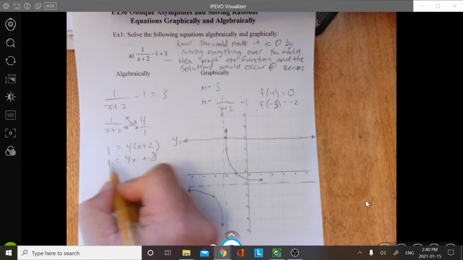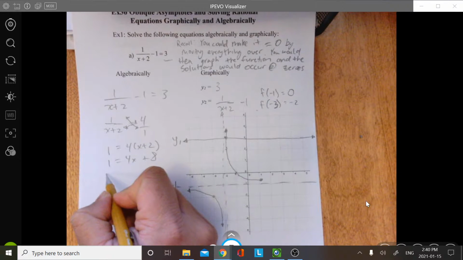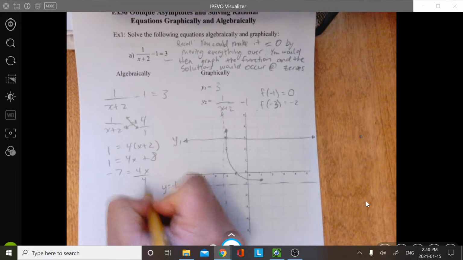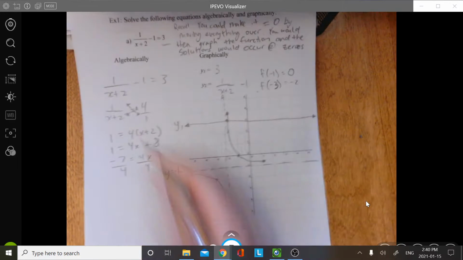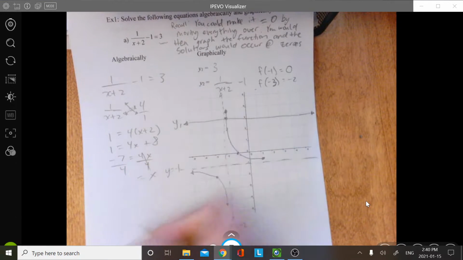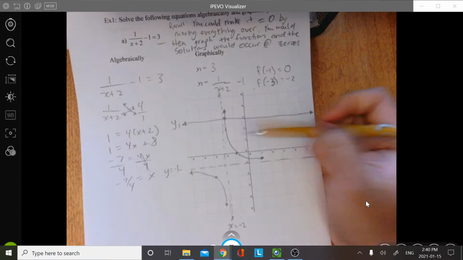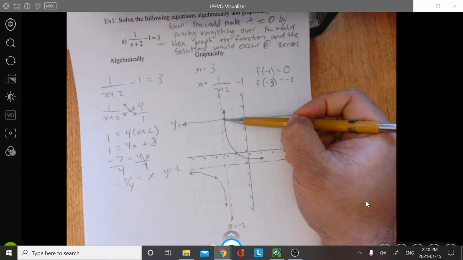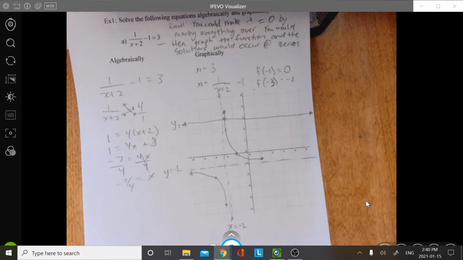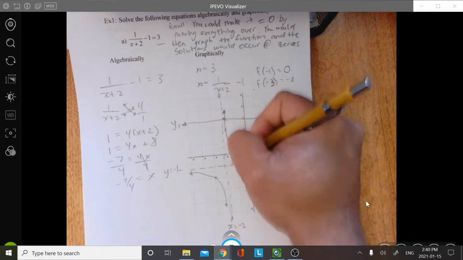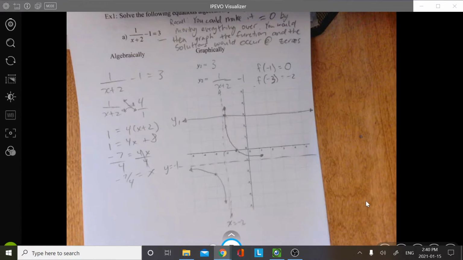Move the 8 over, so you get negative 7 equals 4x. Divide both sides by 4, you're left with x equals negative 7/4, which is pretty close to where we are, right? So again, we're concerned about that x value when it intersects.